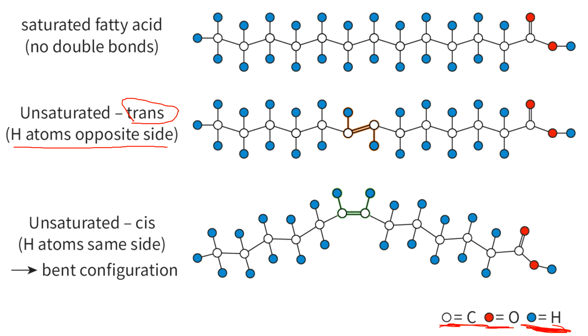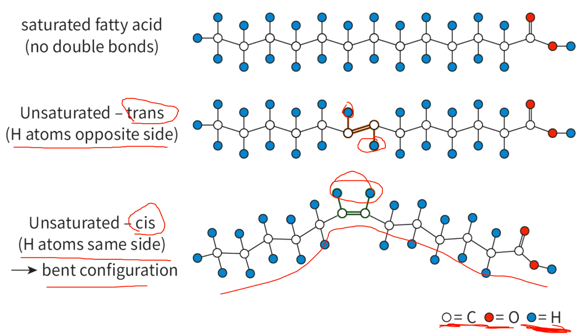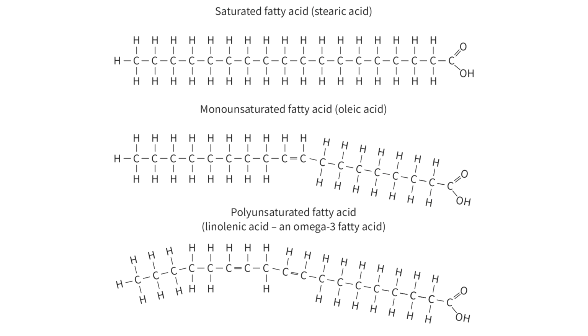So the hydrogen here is on the opposite side of the hydrogen here, and this is trans unsaturated fatty acids. Now for cis unsaturated fatty acids, this time the hydrogen atoms are on the same side. Boom. And this causes an even more bent configuration. Simple as that.